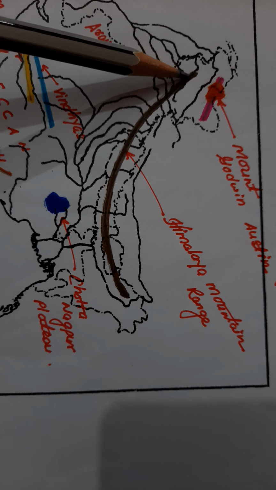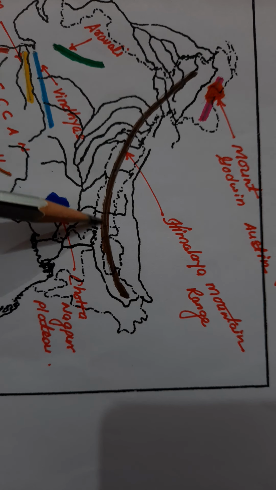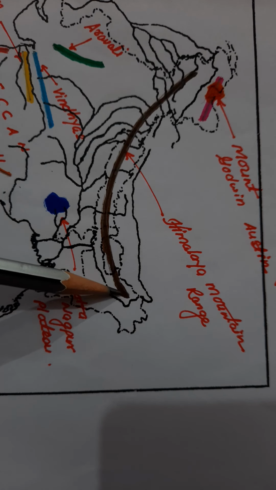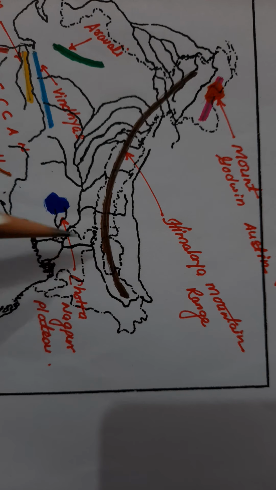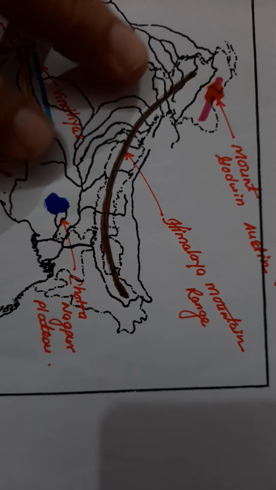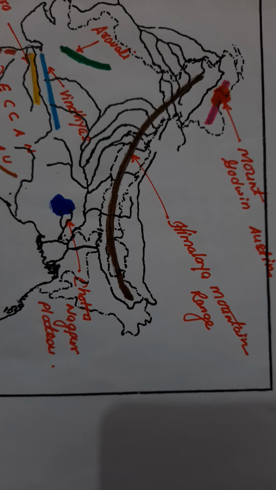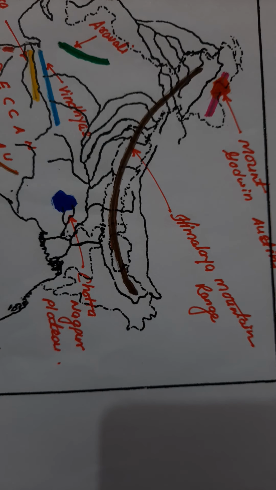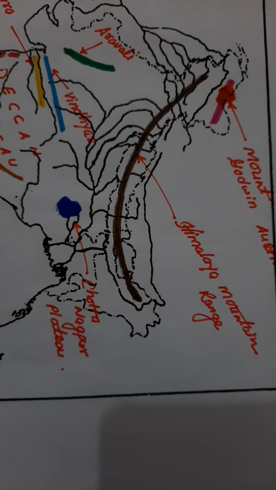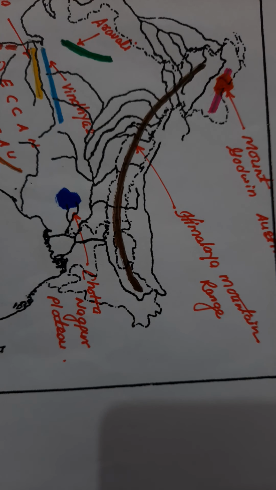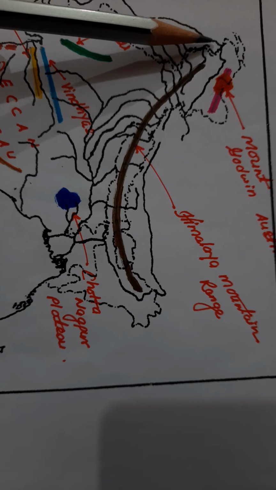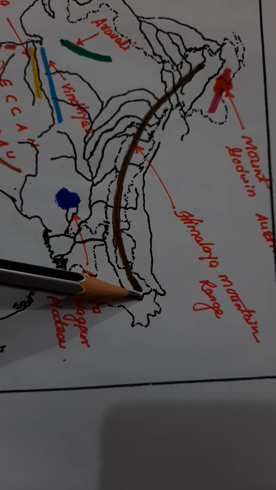Now see the Himalaya mountain range. You can use brown color for this, and mark it with a long, shaded, thickened line. It extends from the Indus River in the west, up to the Brahmaputra River in the east.